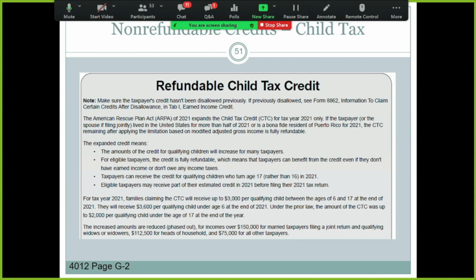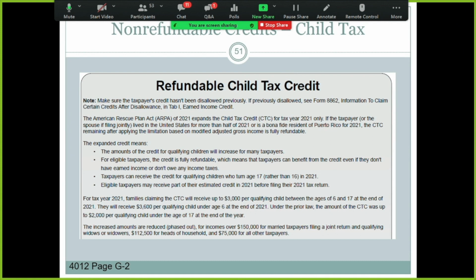Taxpayers can receive the credit for qualifying children who turned 17 rather than 16 in 2021. It was 16 for 2020. Eligible taxpayers may receive part of their estimated credit in 2021 before filing their 2021 tax returns.